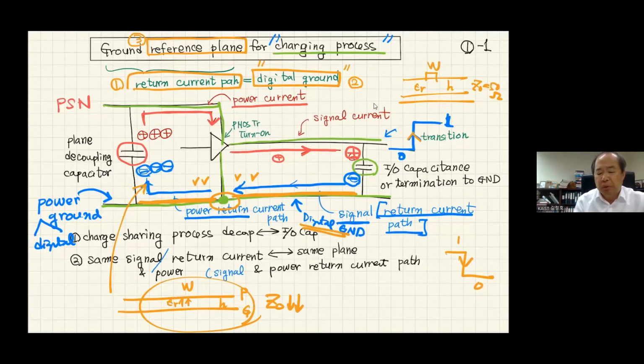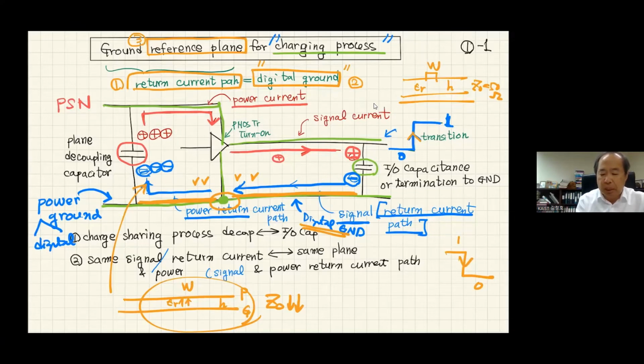So for different configurations and different states of logic transition, you may have different stories. That's one of the difficulties of ground design in a digital circuit system.